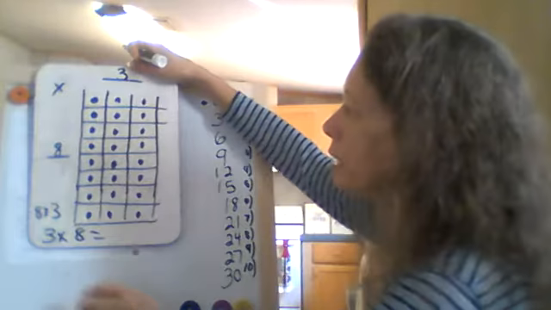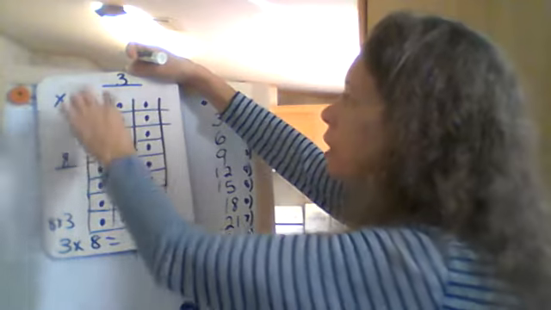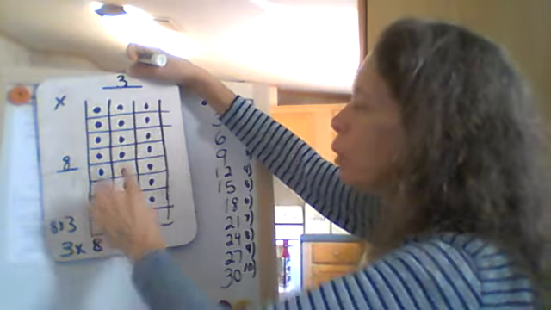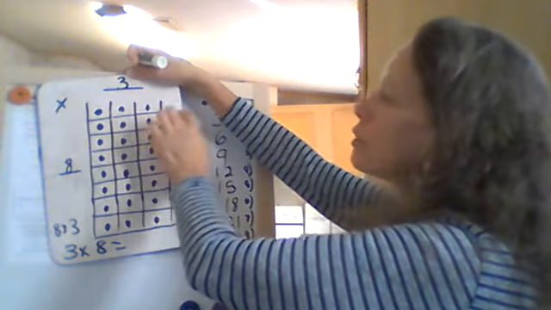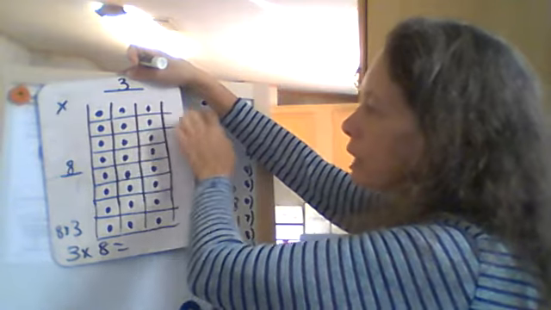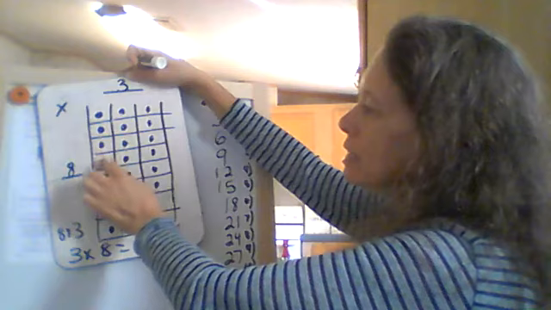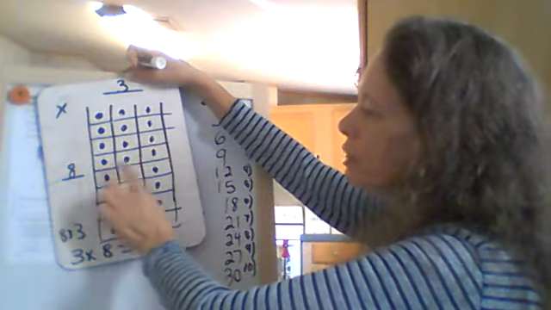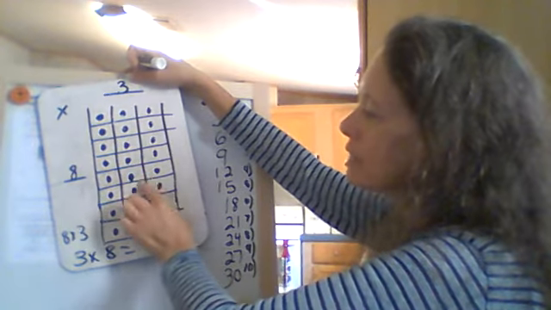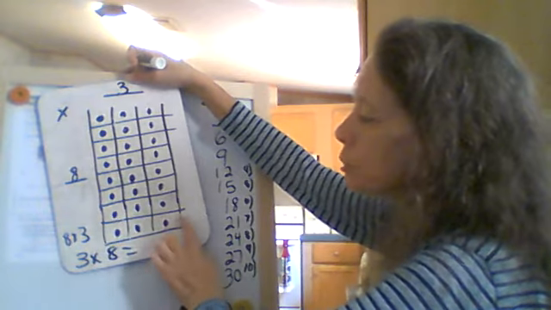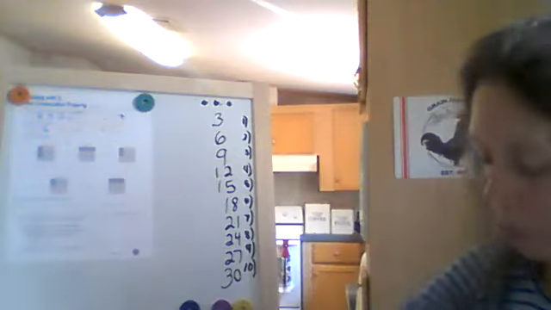And I'll bet I get the same answer. So let's count them. We've already got 3 here, so let's make it easy. 3, 4, 5, 6, 7, 8, 9, 10, 11, 12, 13, 14, 15, 16, 17, 18, 19, 20, 21, 22, 23, 24. What's my answer? 24.